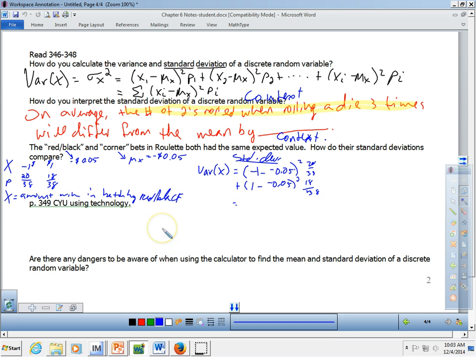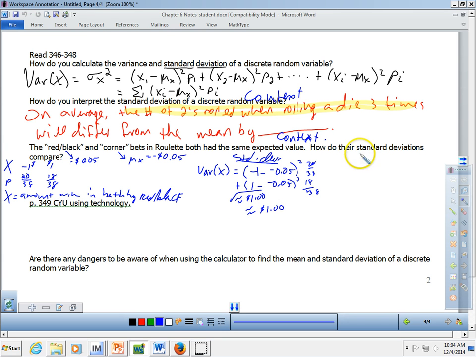Okay? When you do all of that work and multiply out, the variance is pretty close to $1. And when you square root that to get standard deviation, it's going to be pretty close to $1.